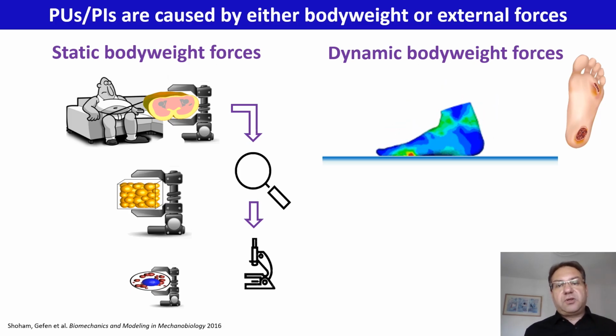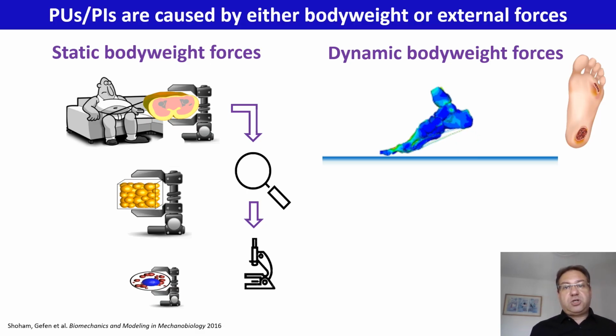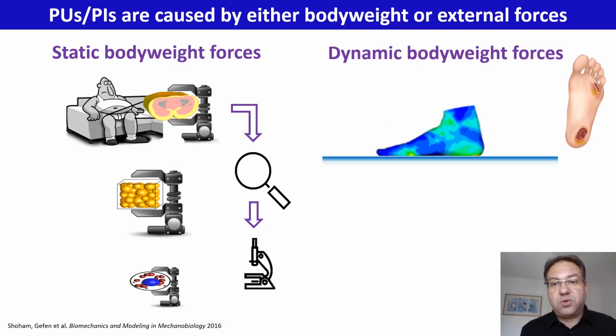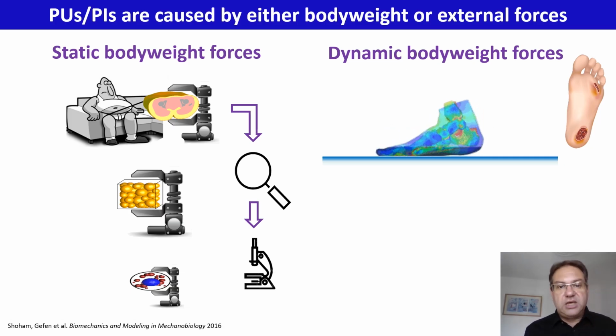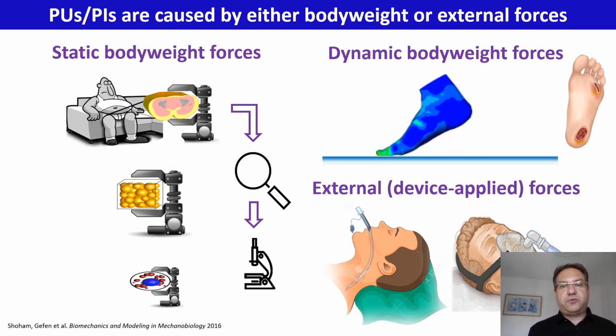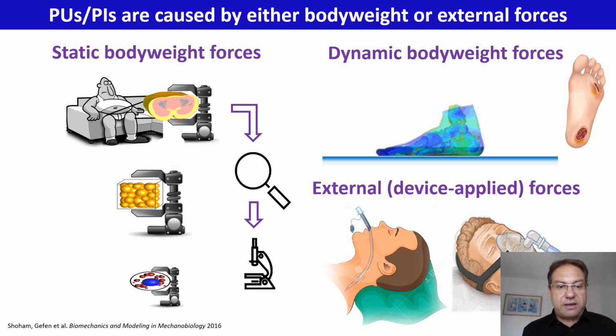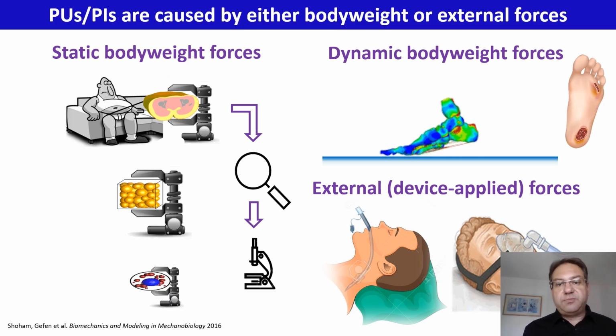And that not only relates to static body weight forces, such as during sitting or lying, it also connects to the etiology of, for example, diabetic foot ulcers, which are caused often by dynamic body weight forces. But again, these dynamic body weight forces distort cells and tissues and thereby eventually cause the loss of cell and tissue viability. Another example of forces that are or can be sustained and that lead to tissue injuries are those applied by medical devices.